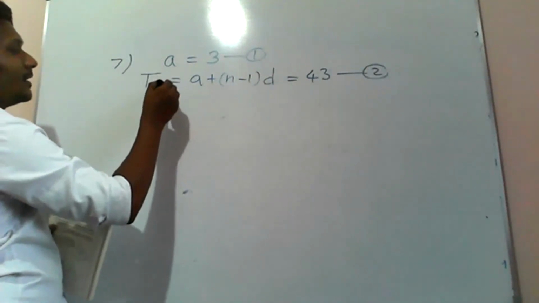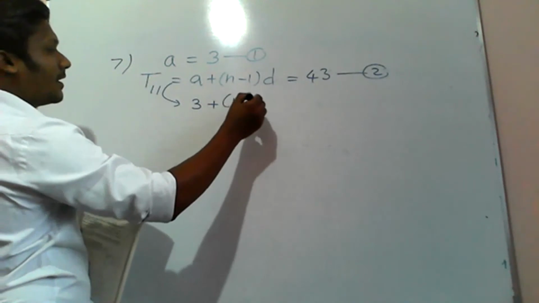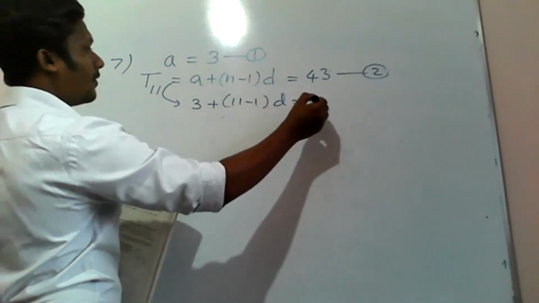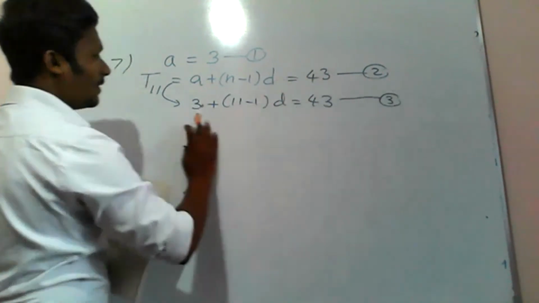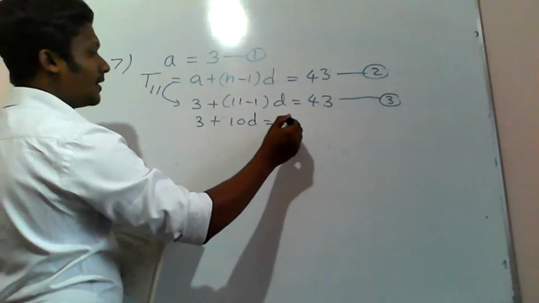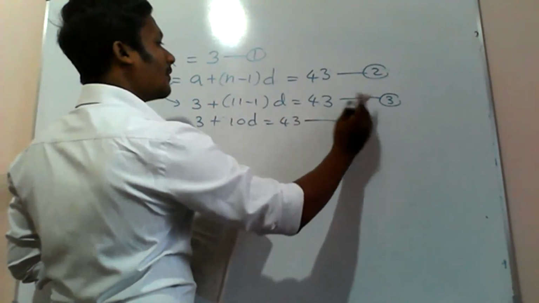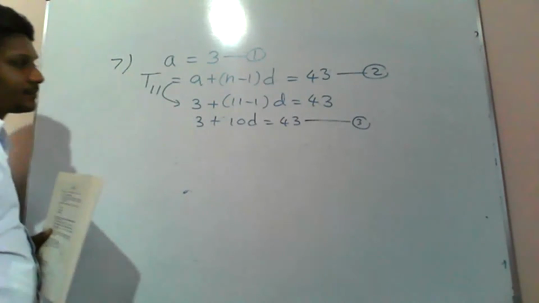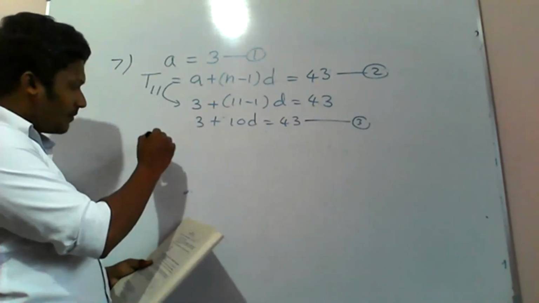But we can simplify this with n equals 11: a equals 3, so 3 plus (11 minus 1)d equals 43. Simplify: 3 plus 10d equals 43. These are the data, right? Question number 1.